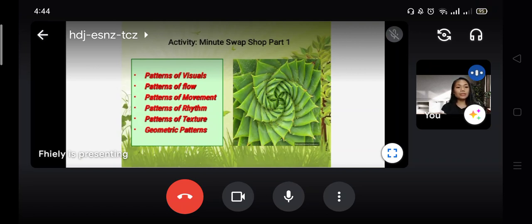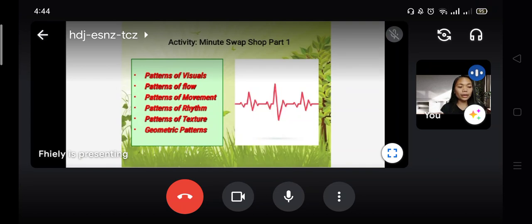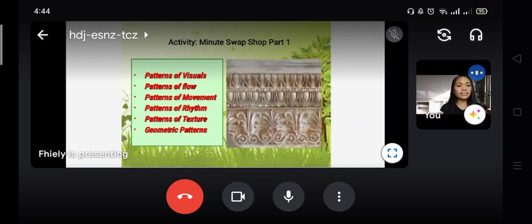The next one, that picture shows what? Actually, it is a heartbeat. What kind of pattern does it belong to? Okay, next, you just have to choose.